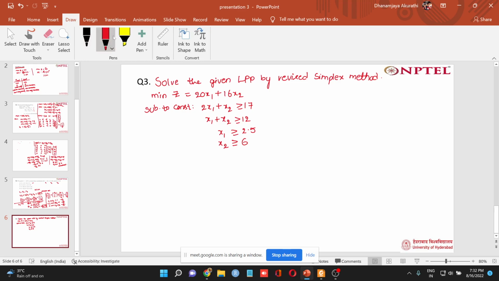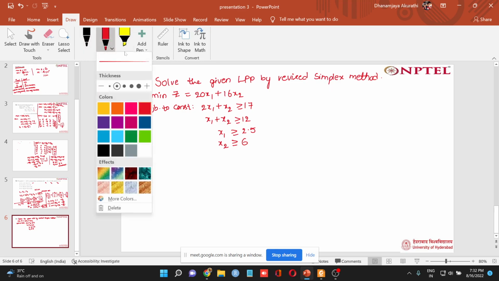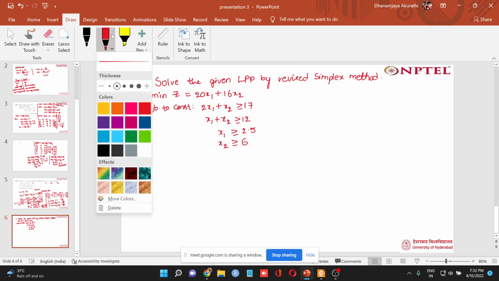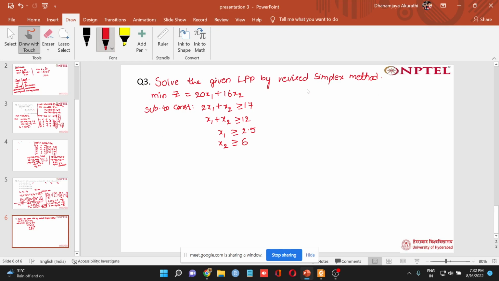Why we use the revised simplex method: sometimes in the simplex method, the big M method, and also in the two-phase method, we get many calculations and they may sometimes go wrong. Also, when we solve the given problems on a computer, the computer may also commit errors.